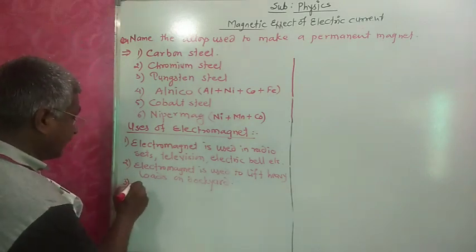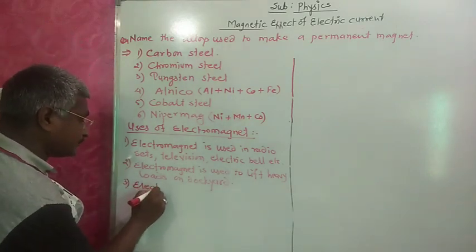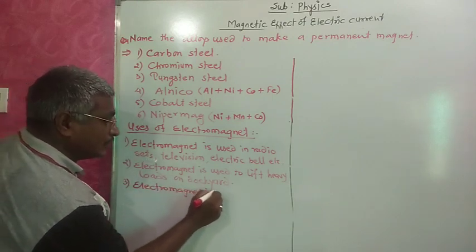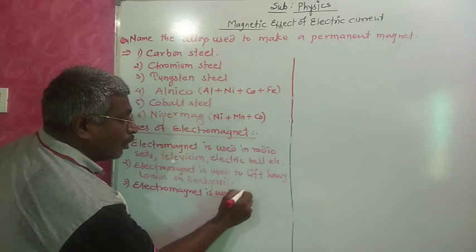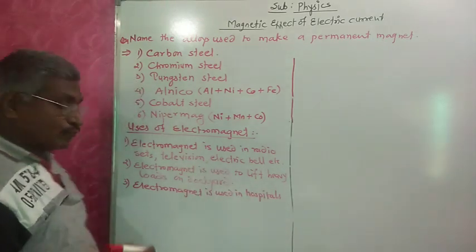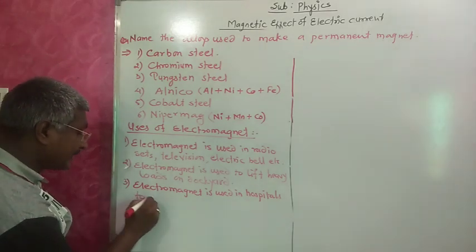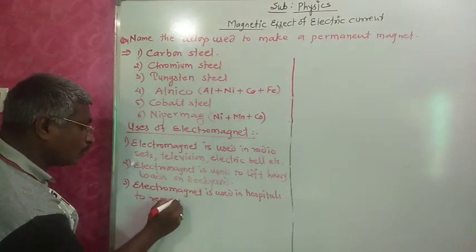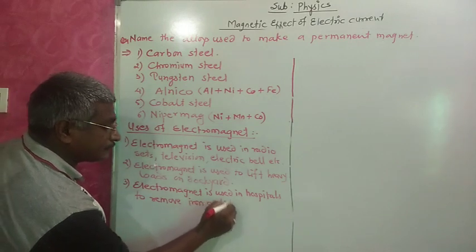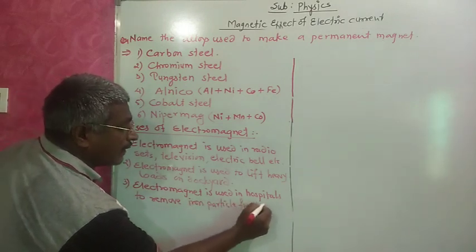Then electromagnet is used in hospitals to remove iron particles from the eye.